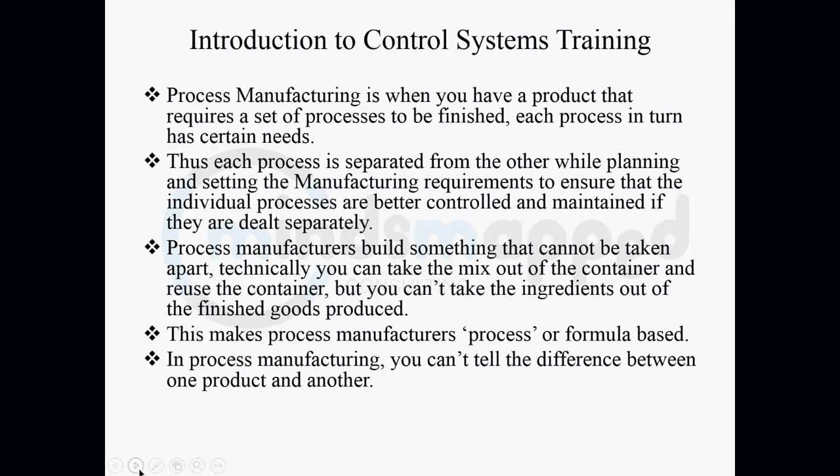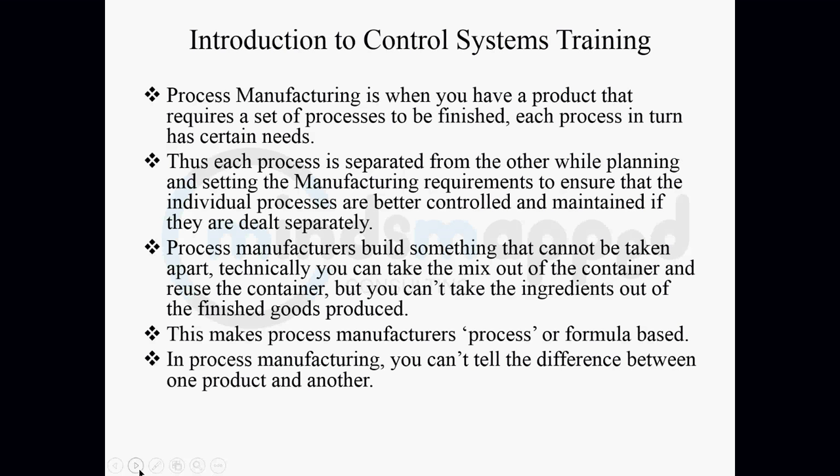What they mean by this is, if we go to discrete processes, the finished product that you are building is clearly identifiable. So you can identify the model and the brand of the car, right?